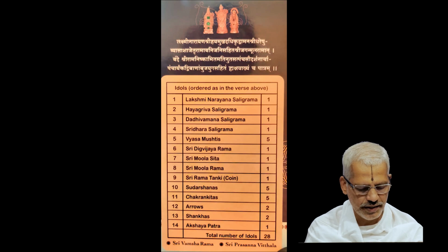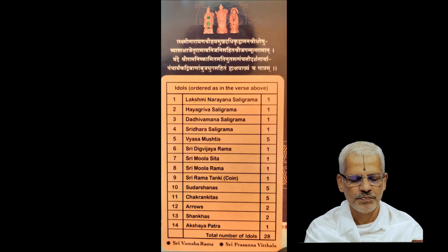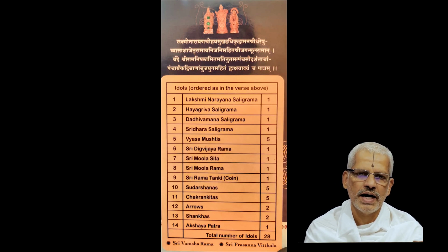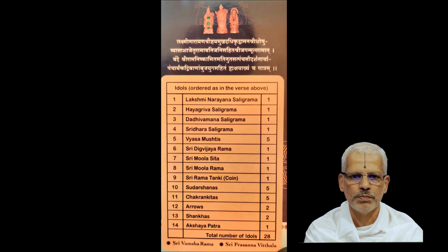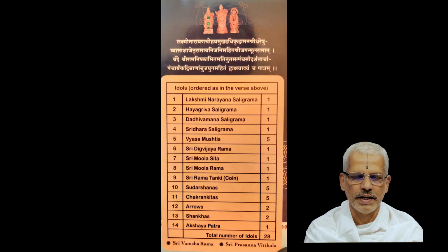To start with, let us understand in a list what these 28 Moorthis are. I will just read out these 28 Moorthis and then take one Moorthi at a time.